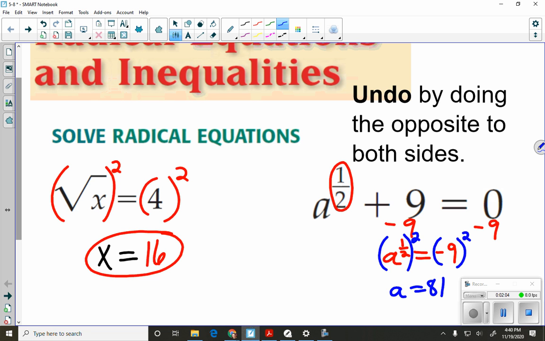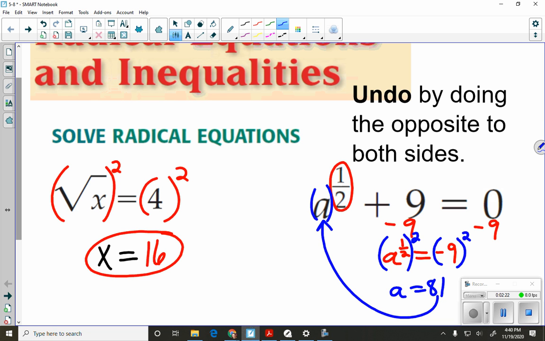All right, so if I have a equals 81, you can double check your answers to find out, is this really going to work? Because especially when there's negatives, you have to double check them. So if I take this 81 and plug it back in here, is that going to work?